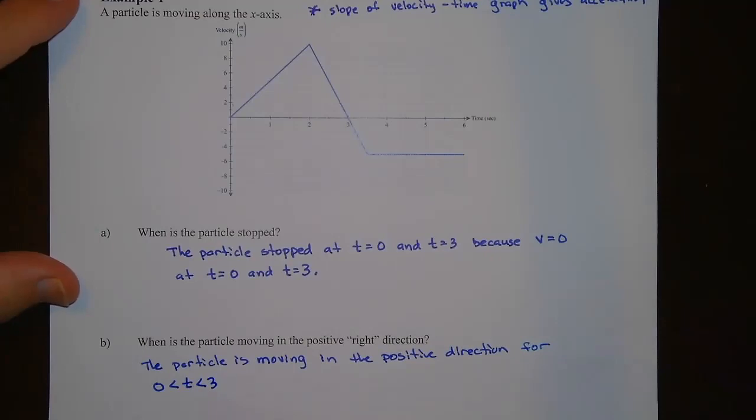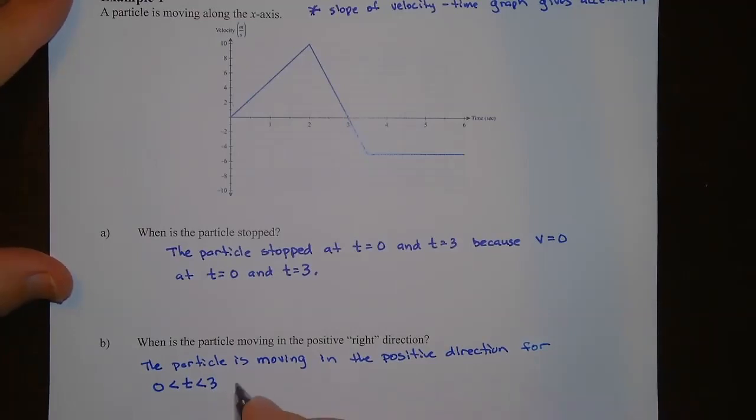And that's how we write the symbols for in between. If you wrote the words out, in between t equals 0 and t equals 3, that'd be okay. That'd be another way of saying that. In math symbols, we say it like this: 0 is less than t less than 3. All right, so we know it's moving there.